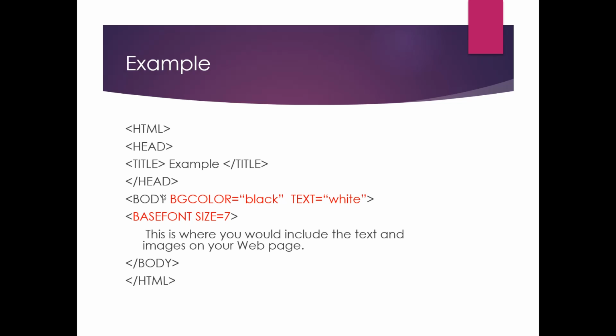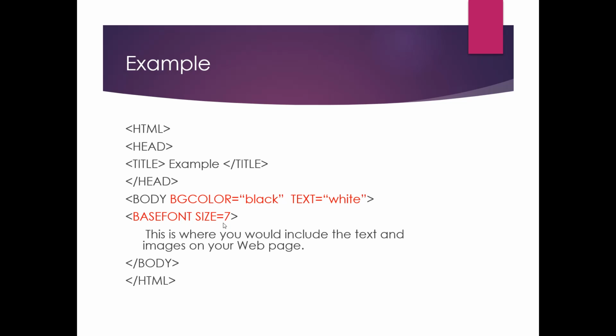Okay, so basically we are giving some background colors. Background goes for BG color, and the color name should be enclosed within double quotes, and likewise text within double quotes for whatever text you have to write.